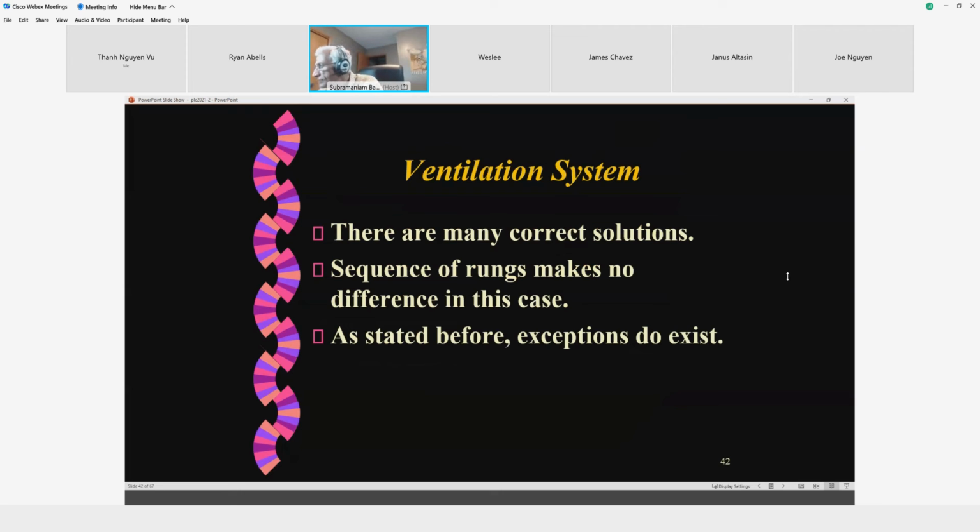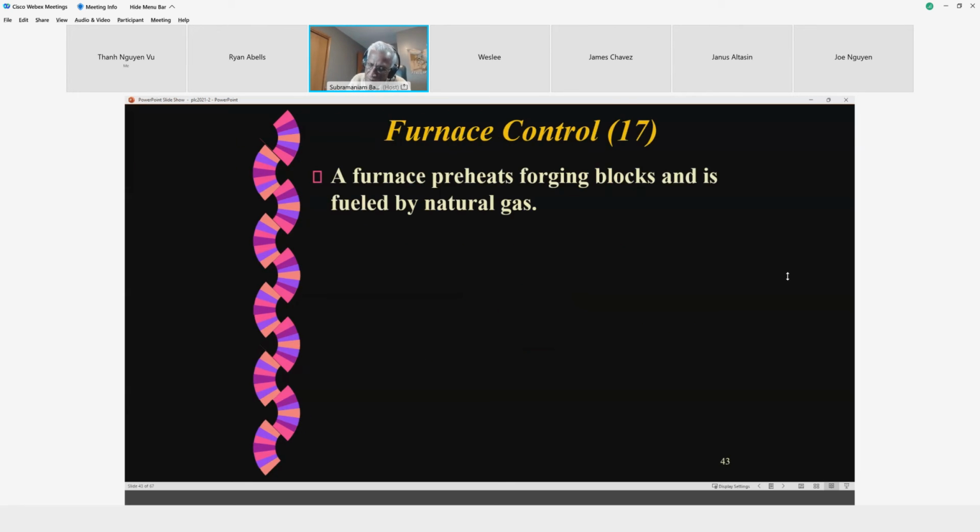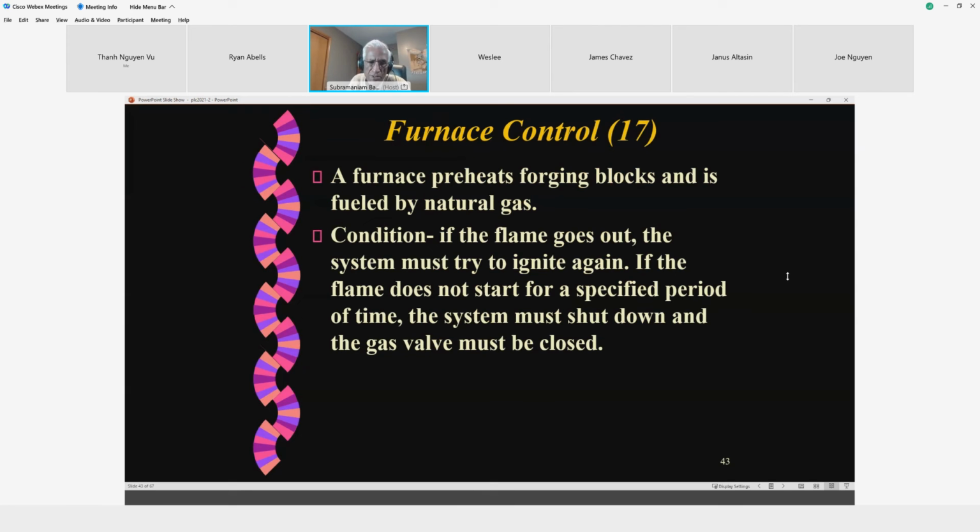Obviously, 8 and 16 are not that optimal, but they're also correct solutions. Okay? Sequence of the rungs are not going to make a difference in this case, but I said before, in some cases, yes, they will mess up, and we will look at one such case.